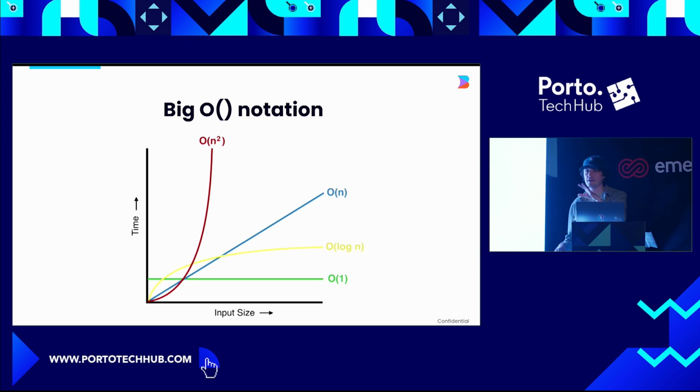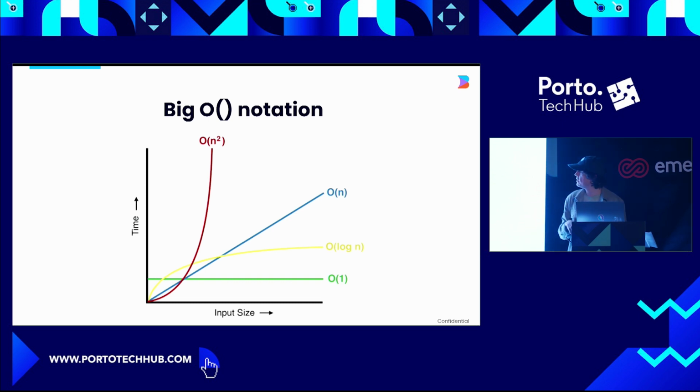So who in here knows what the big O notation is? Don't be shy. Okay. So for the ones that don't, worry. The big O notation is a tool that computer scientists use to describe how an algorithm behaves in terms of time or memory. If the input size grows linearly and the time also does linearly, we're talking about O(n).